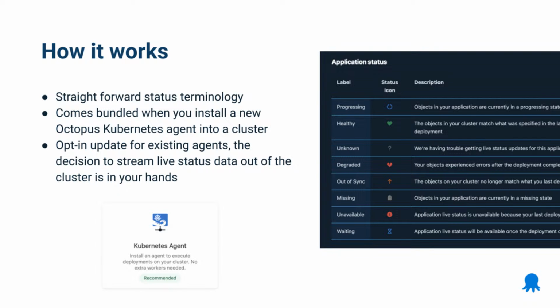But for existing customers, we really did want to make it opt-in. So this is not an automatic upgrade. You need to add specific parameters and do an explicit upgrade where you're opting in to start streaming, to have the capability to stream this data out of your cluster into your Octopus instance.